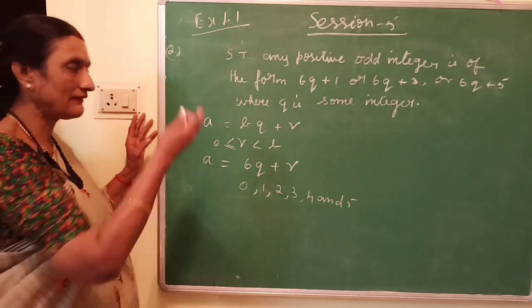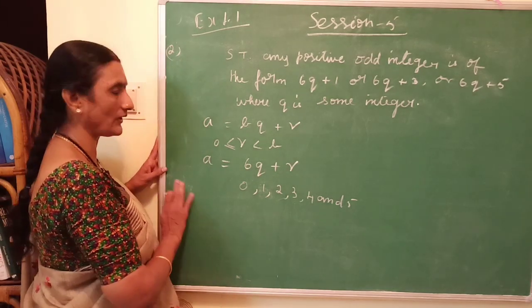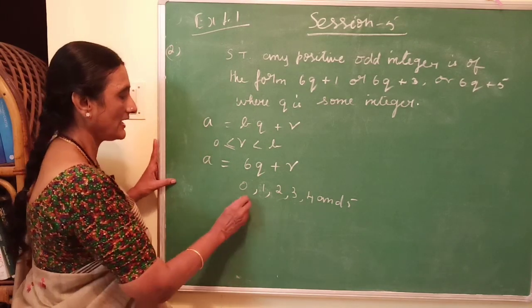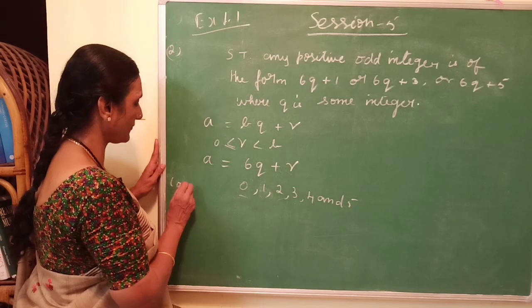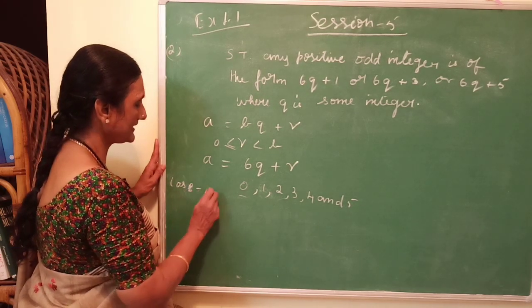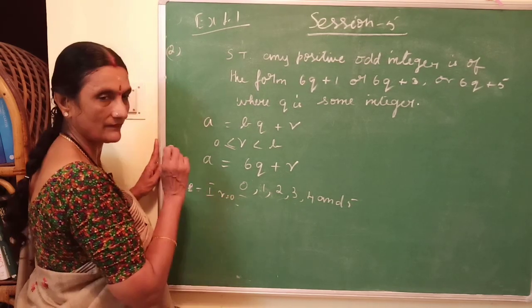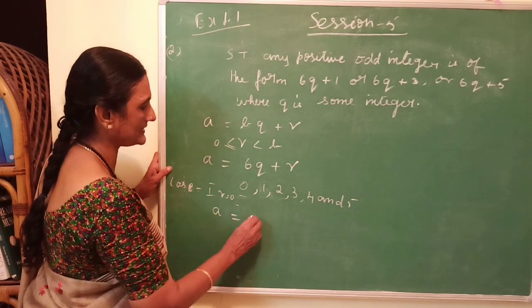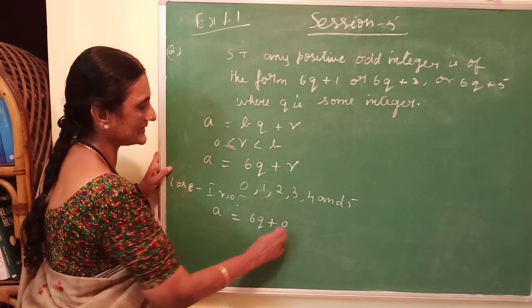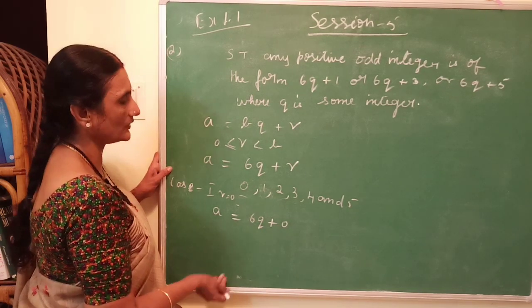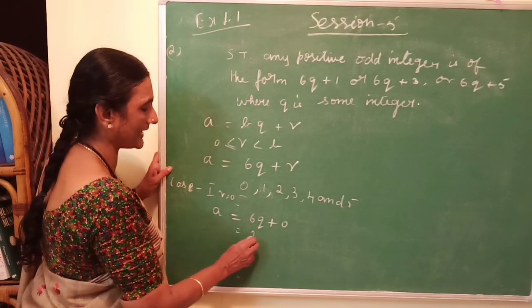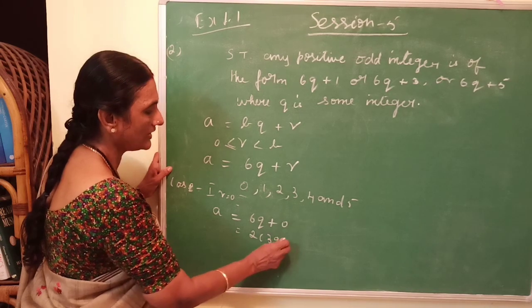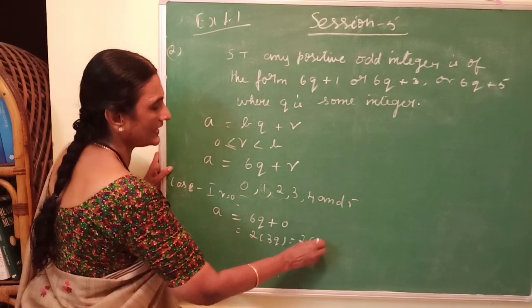Now whenever sums of this type come, we have to analyze case by case. First case, case 1, it is r equal to 0. Now when r is equal to 0, what will happen? a is equal to 6q plus 0. When a is equal to 6q it can be written as 2 times 3q, that is 2 times some multiple.